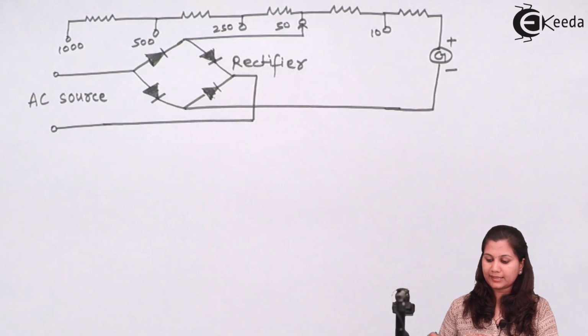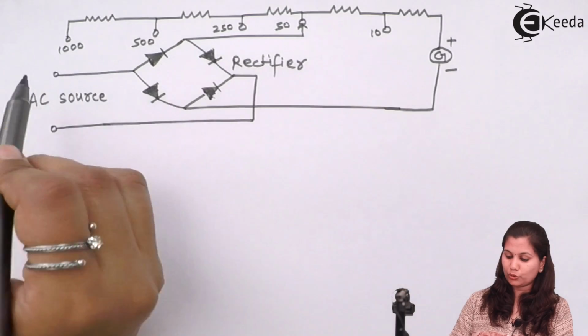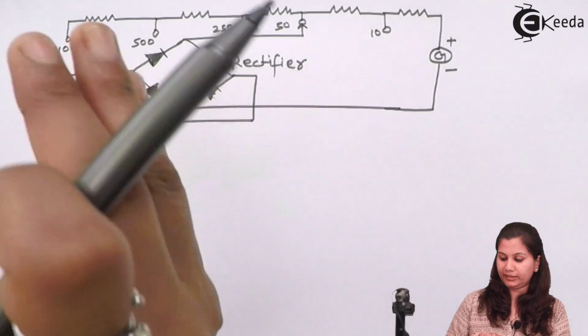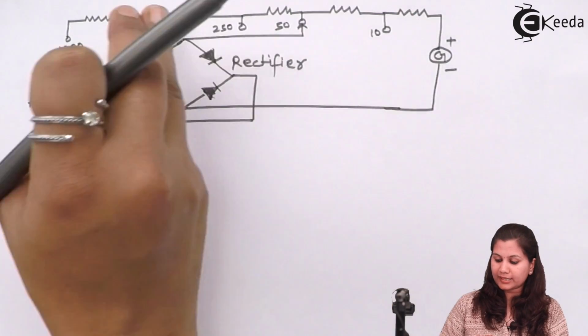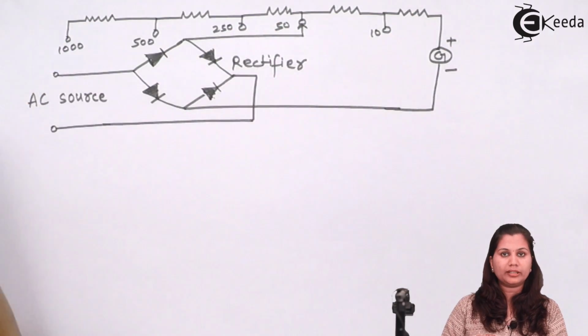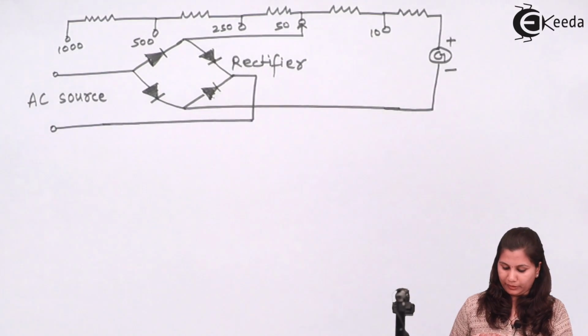The circuit remains the same. This is the rectifier which is going to convert the AC into DC. That DC will be applied to the galvanometer and resistances will be connected according to the range of voltage measurement.